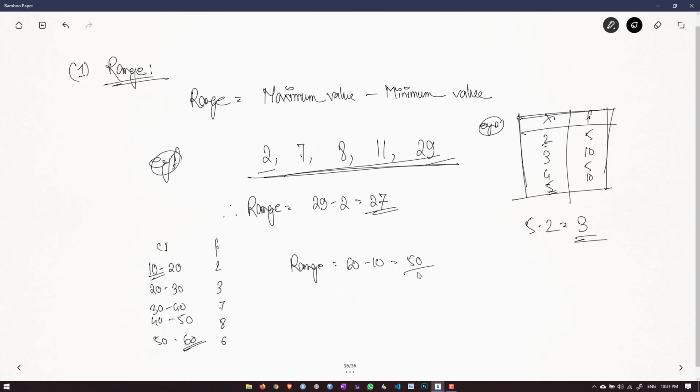So range is 50. It's quite simple: you just subtract the minimum value from the maximum value. The next measure of dispersion is mean deviation.